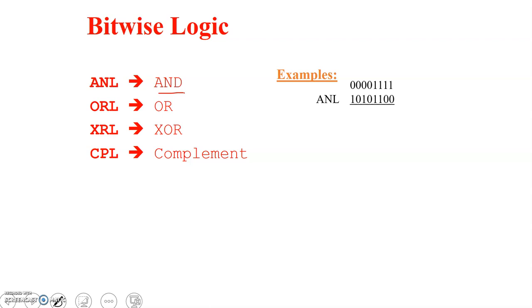ANDing is basically bitwise. Okay, so each of the bits is ANDed with the bits of the other register. Say for example, I am using this number which is basically 0F, and I'm trying to save it into A. So I'm writing MOV A, #0FH.